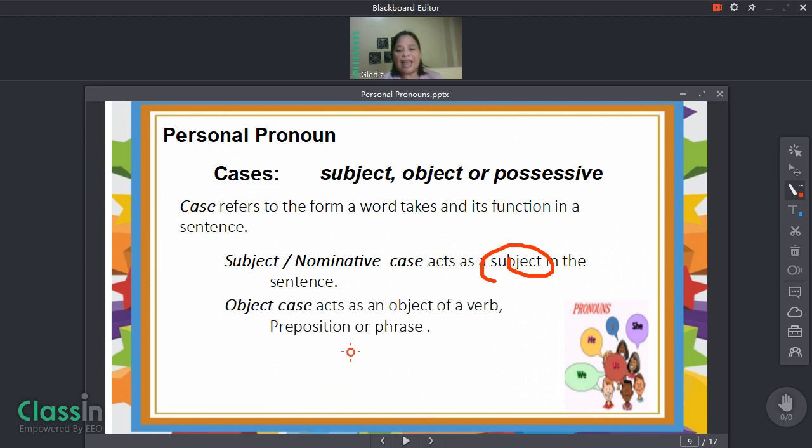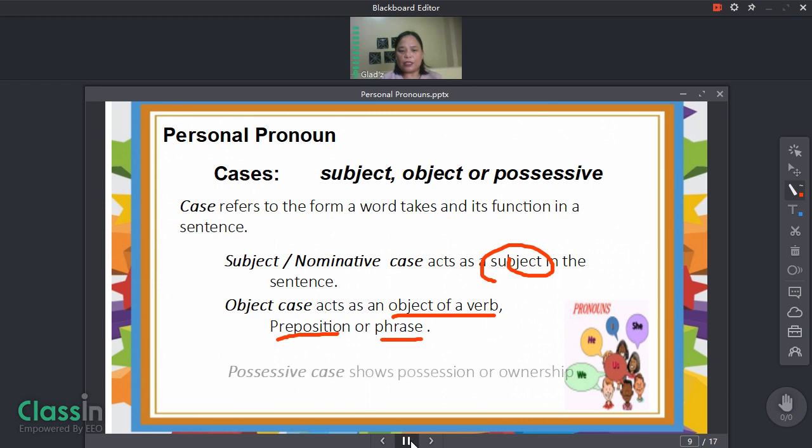It acts as an object of a verb, object of a preposition, or object of a phrase. So the objective case of a pronoun cannot be used as a subject in the sentence, but is only used as an object.